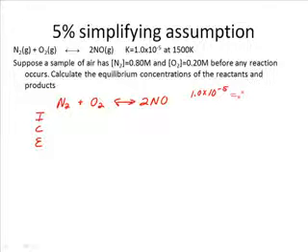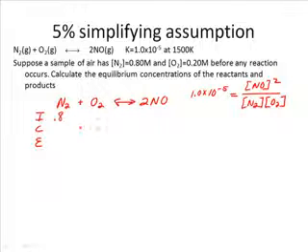And that's going to be NO squared over N2 times O2. So now, what do we have? We have 0.8 on the nitrogen as my initial, and 0.2 and 0. And we want the equilibrium concentration. So again, we know it's going to shift right.